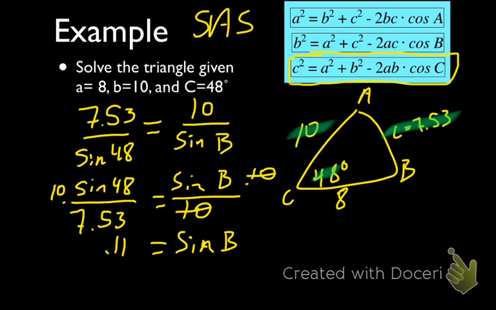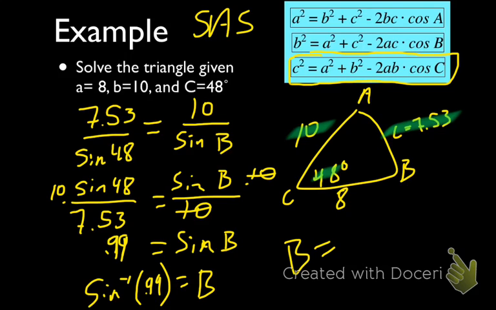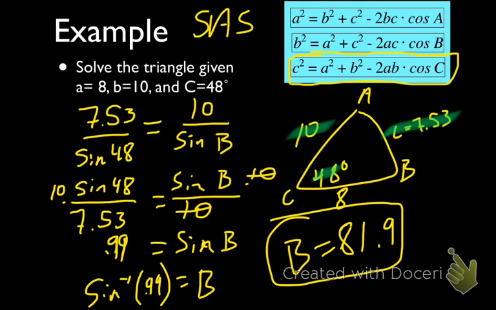Sine of b equals 0.11. And b is the inverse sine, 81.9. So b equals 81.9. And I'm sure that you can go solve for the other angle. Okay? Any questions on using the law?